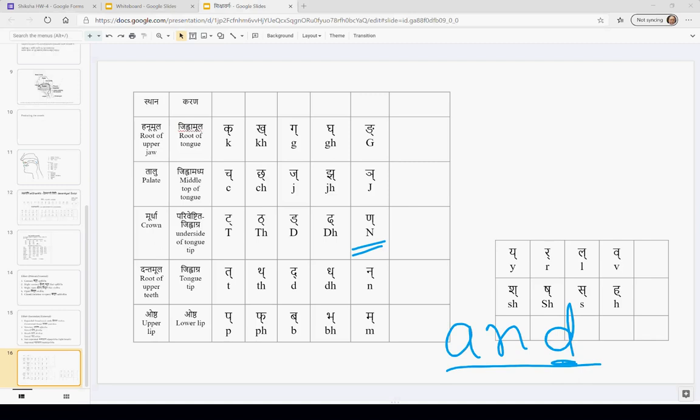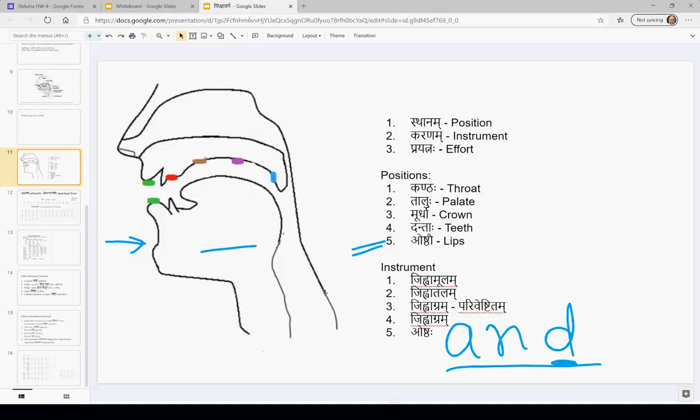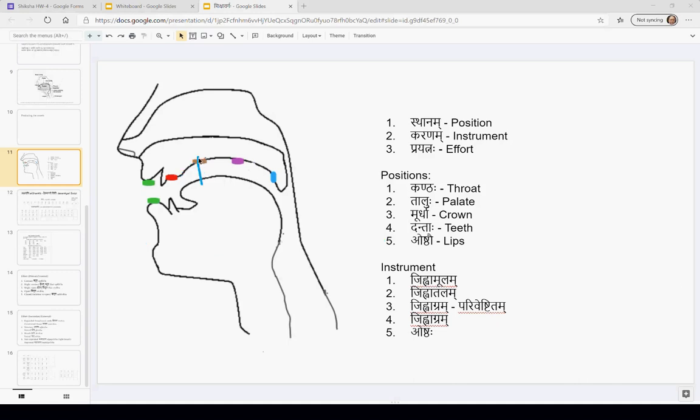In English, I think there is a little bit of difference here, because these are murdha sounds, where we are saying ta, tha, da, dha, na. These are to be pronounced by the underside of the tongue, the tip of the tongue, by hitting this part. Na.